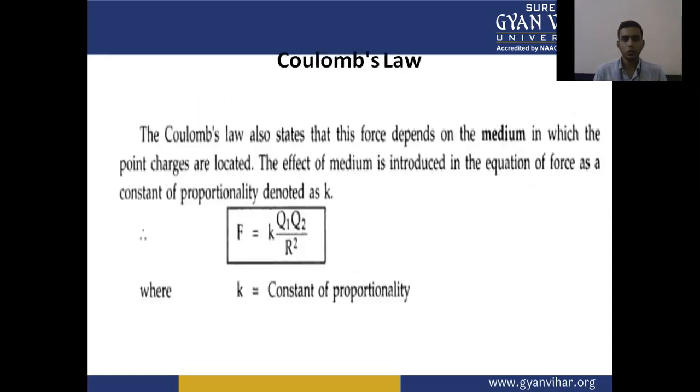Coulomb's law also states that this force depends on the medium in which the point charges are located. The effect of the medium is introduced in the equation of force as a constant of proportionality denoted as K. So the conclusion is that Coulomb's law also depends on the medium.